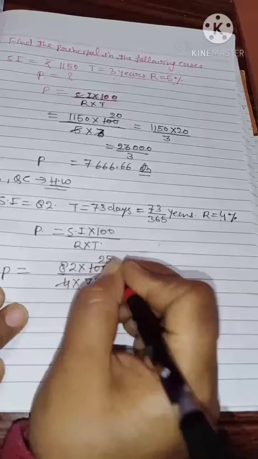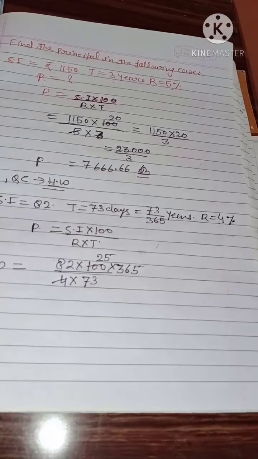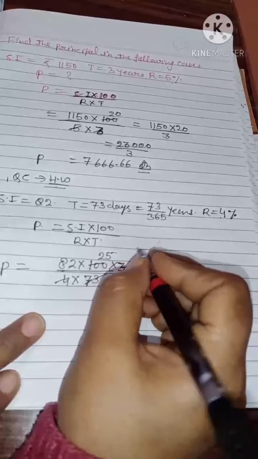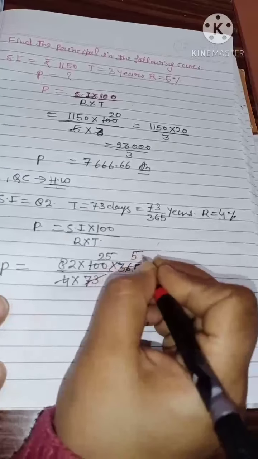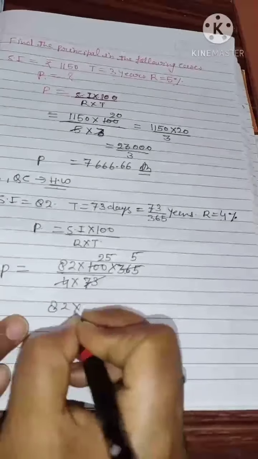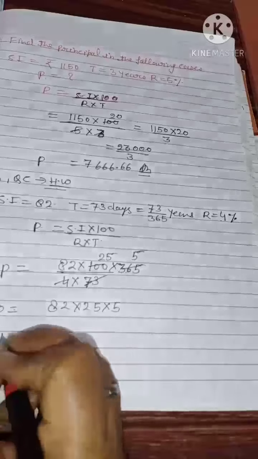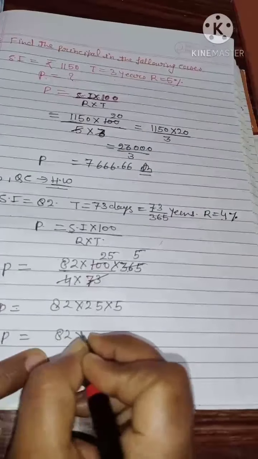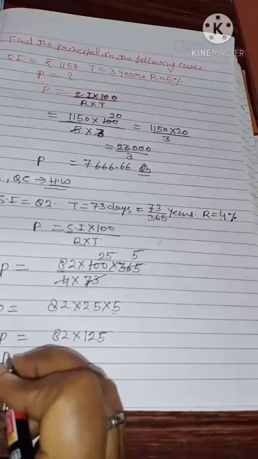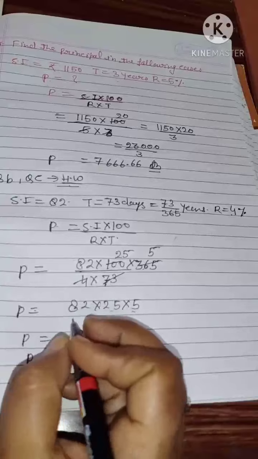And if you divide 365 by 73, 5 times it will be cancelled. So nothing will remain in the denominator. It will be 82 into 25 into 5. P is equal to this. So P will be, beta, 82 into 25 into 5. Now multiply them and whatever comes will be your answer. So its answer will come, beta, 10250.